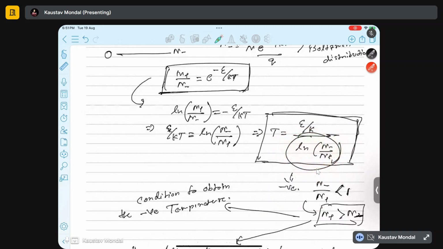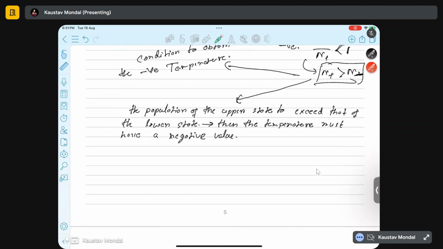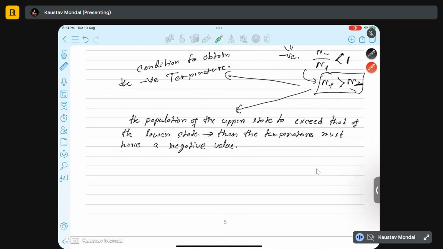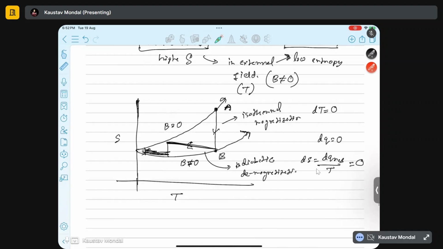From there we derived that if n minus by n plus is less than 1, that means the number of particles in the excited state exceeds the number of particles in the ground state. In that case the temperature is negative.